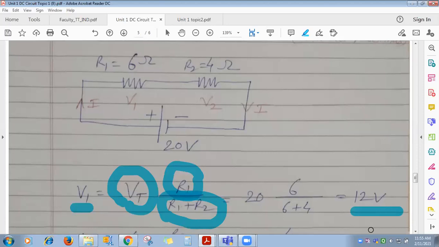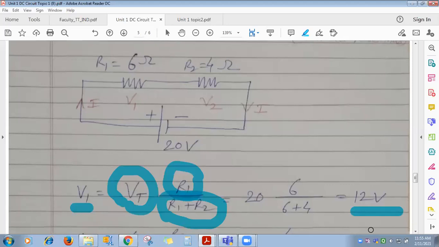Now tell me, how will you find out V2? You can use total 20 minus V1. Correct. Very good.